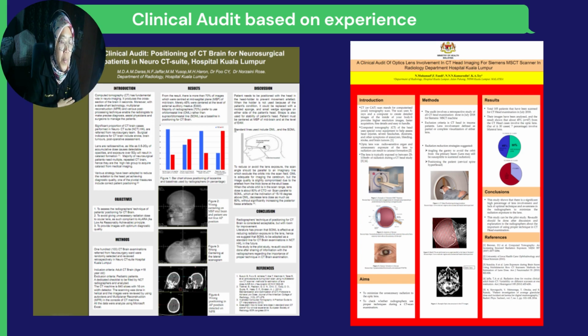So these are the topics we have done previously: a clinical audit of positioning of CT brain for neurosurgical patients in the Neuro CT Suite, Hospital Kuala Lumpur, and a clinical audit of optic lens involvement in CT head imaging for the Siemens MS CT scanner in the Radiology Department, Hospital Kuala Lumpur.